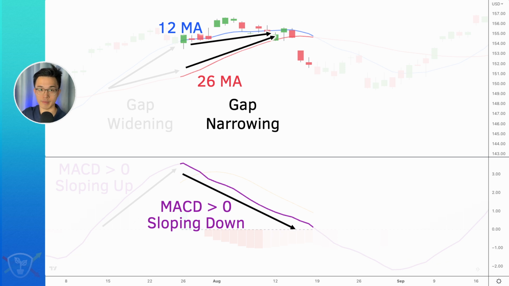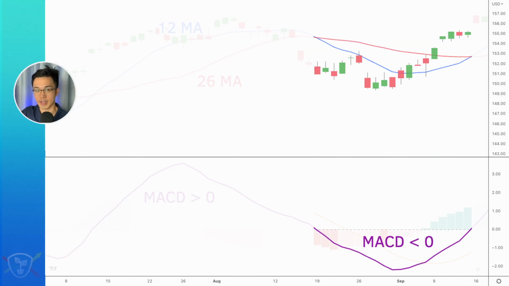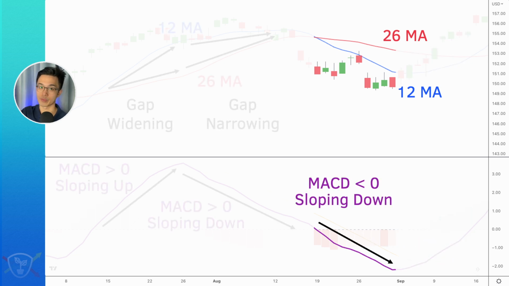Now, when the MACD line is negative, this means that the 12-period moving average is actually below the 26-period moving average. When the MACD line is negative and sloping down, this tells us that the 12 and the 26-period moving average are moving further apart. The gap between them is widening. And this happens when prices are moving down.